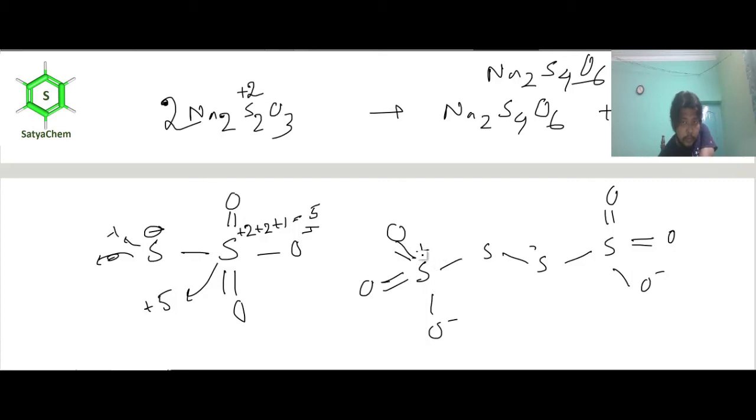So here the oxidation number of this sulfur is plus 5, in the same way the oxidation number of the other terminal sulfur is plus 5, and these two middle sulfurs are 0, 0. So the oxidation number of 4 sulfur is 10. So for each sulfur it is 2.5.